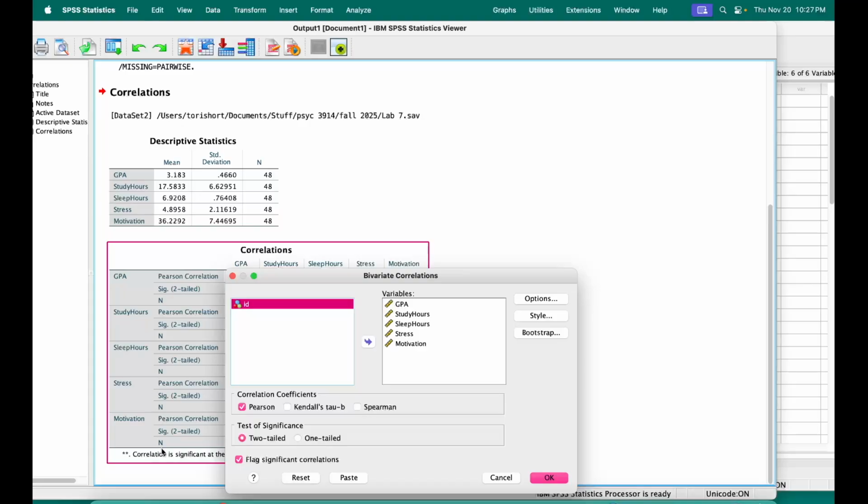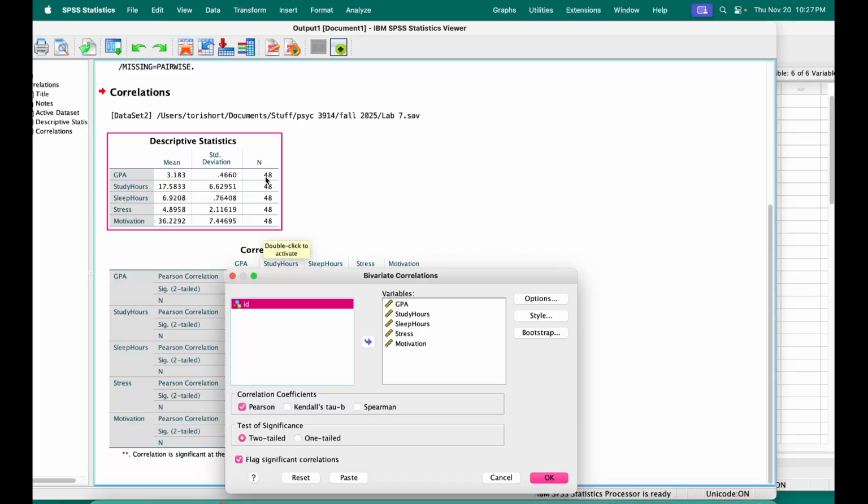So it might seem redundant, like, why do we need to know the N? Maybe it's more clear here. We have 48 cases of reporting on each variable, right? And when we're using categorical variables, this is really to help us make sure we have an even balance, relatively the same number of people assigned to groups 1, 2, and 3.